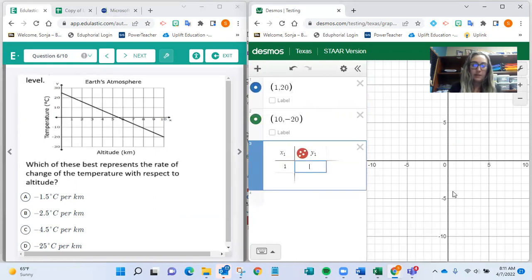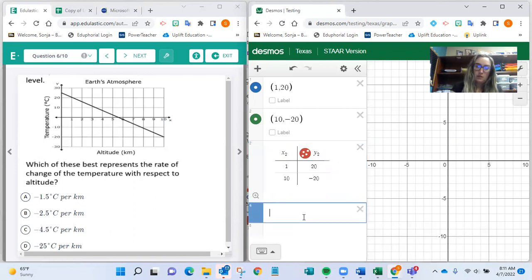Now I'm going to use the same method I've been using of my table, putting my two ordered pairs in the table. And just to make it interesting, let's pretend this one came out as y2 x2. So now I have my equation, y equals mx plus b.